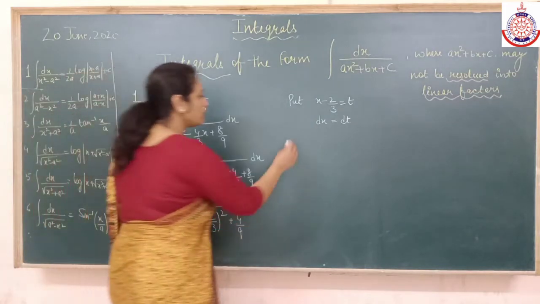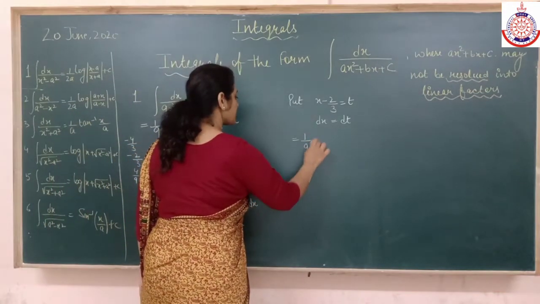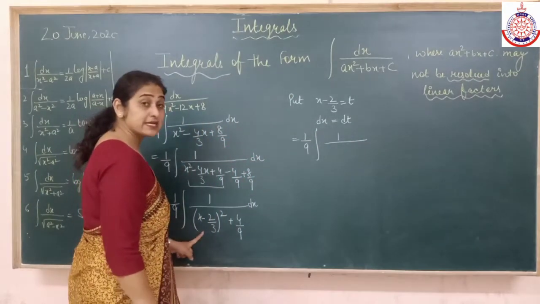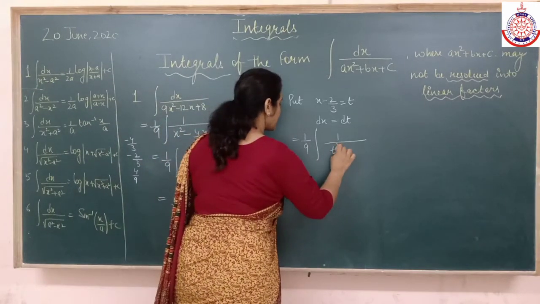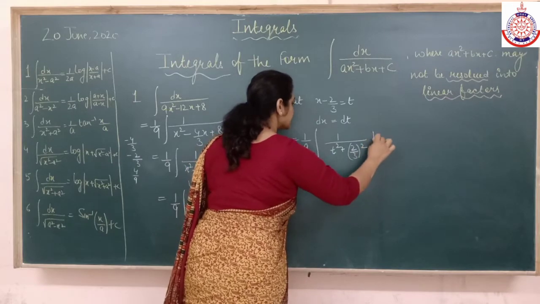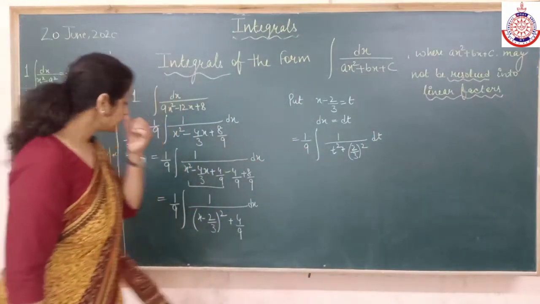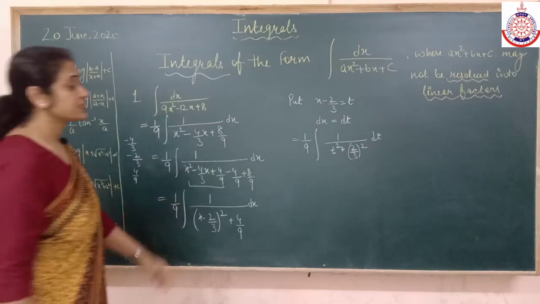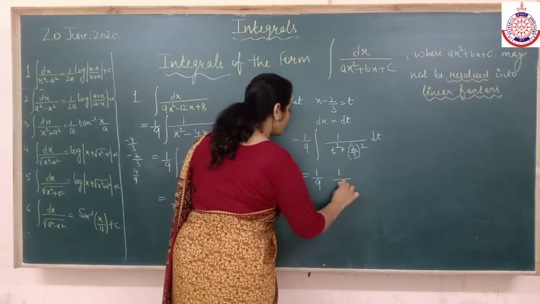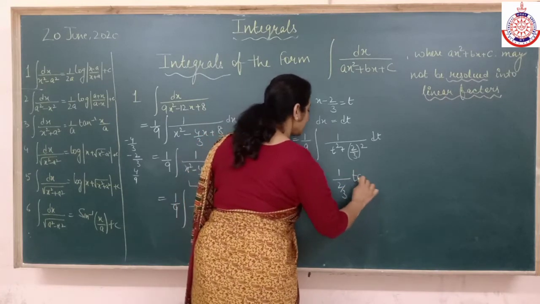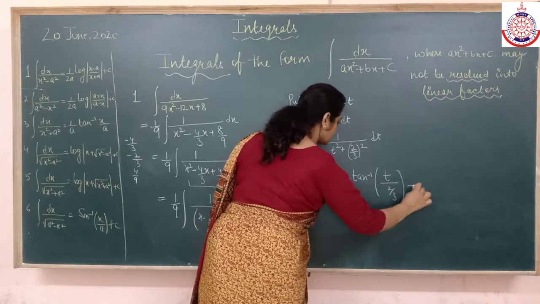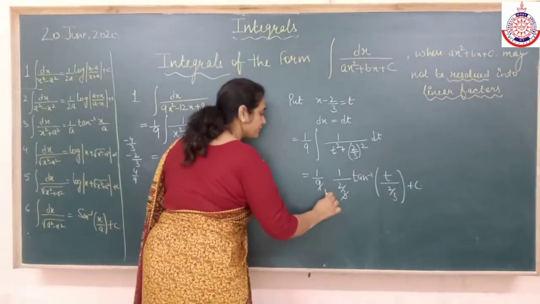Clear? So now the question becomes 1 upon, this we have assumed as t, and I am writing this 4 by 9, I know that it is 2 by 3 whole square, and dx become dt. So which category? Third one. 1 upon x square plus a square. What is the integration? By now you have already learned it. 1 by a tan inverse, alright.